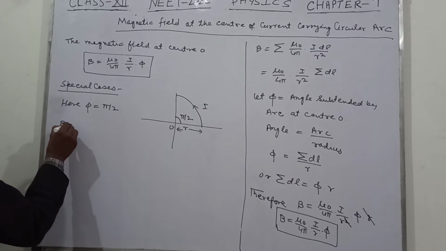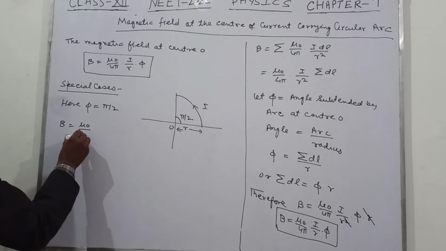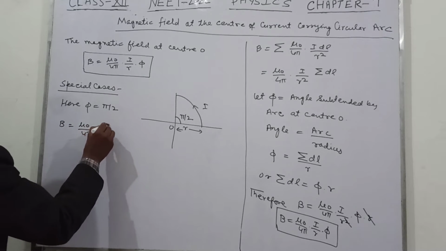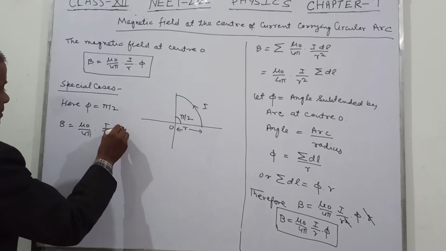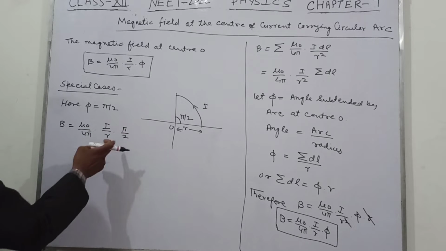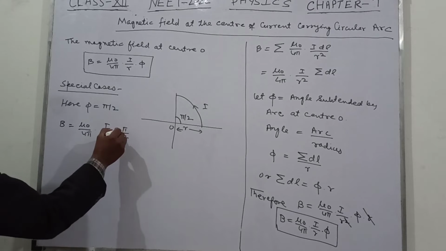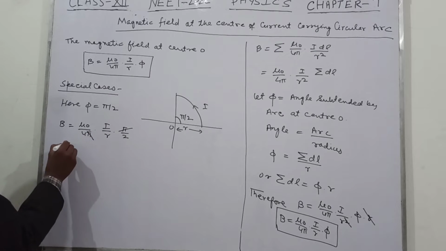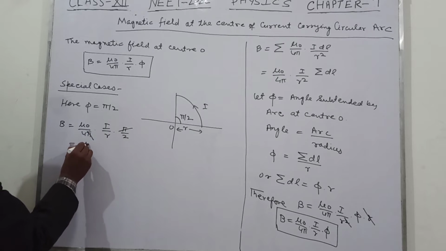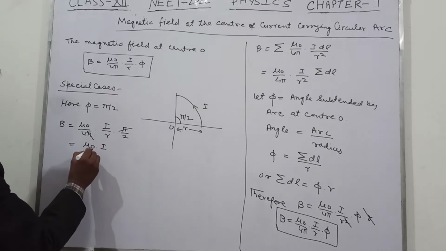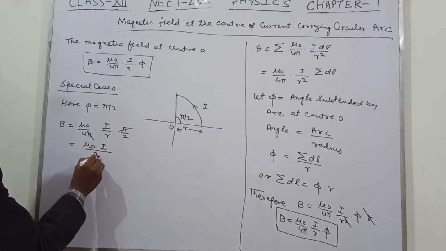So now B is equal to how much? Mu naught upon 4 pi into I upon r. Now this angle is pi by 2, so this pi and pi will cancel. So this is equal to mu naught I upon 8 r.